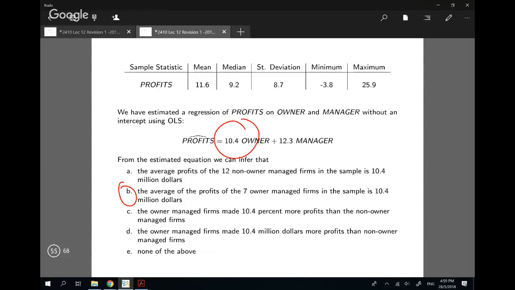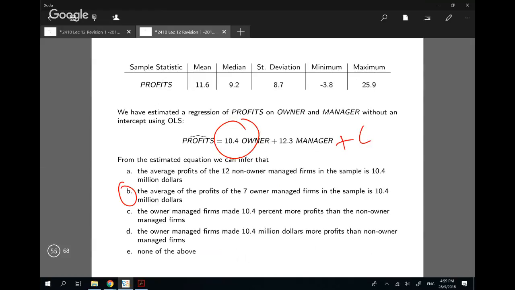So, how many groups do we have in this regression, this data? 2 groups, right? You're the owner who's also a manager, or you're a manager who's not the owner. So you put both here because you excluded the intercept. So if you add the intercept, then you can't run this, right?